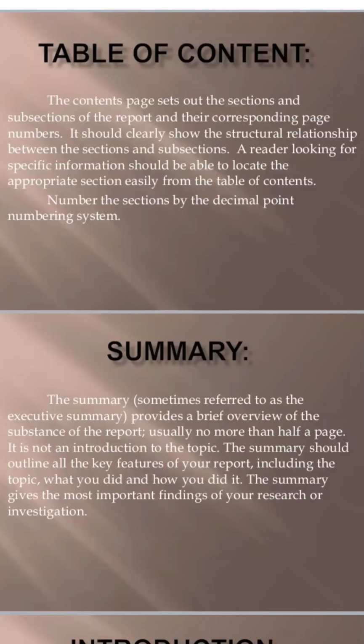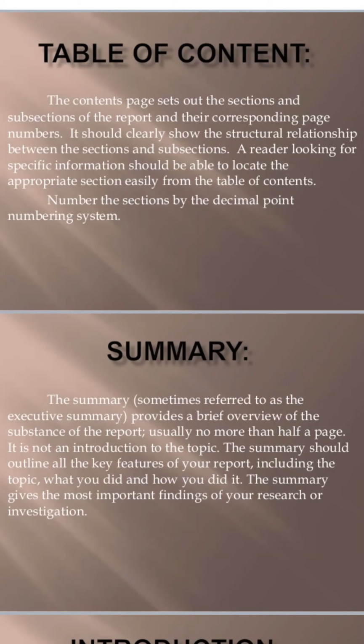That means if your introduction is on page number 1, and it includes the very first heading, the definition, then the definition will be part of the introduction. That means it is a subsection. So your section will be 1 and your subsection will be 1.1. Then its next subsection will include your objectives, so that will be 1.2. All these come under the introduction. So make it like this.